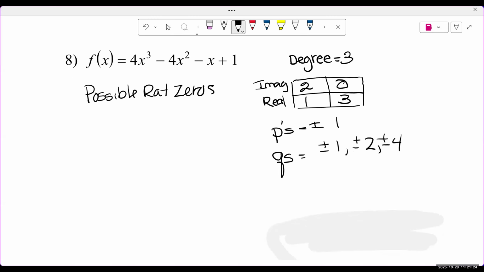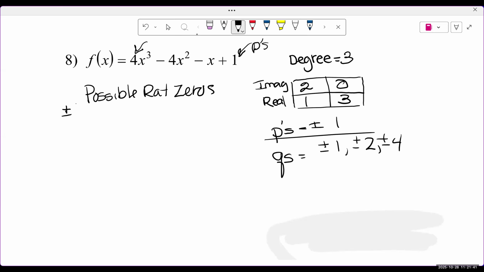So possible rational zeros. We need the p's, which are the factors of 1, and the q's, which are the factors of 4. So we need to make fractions.